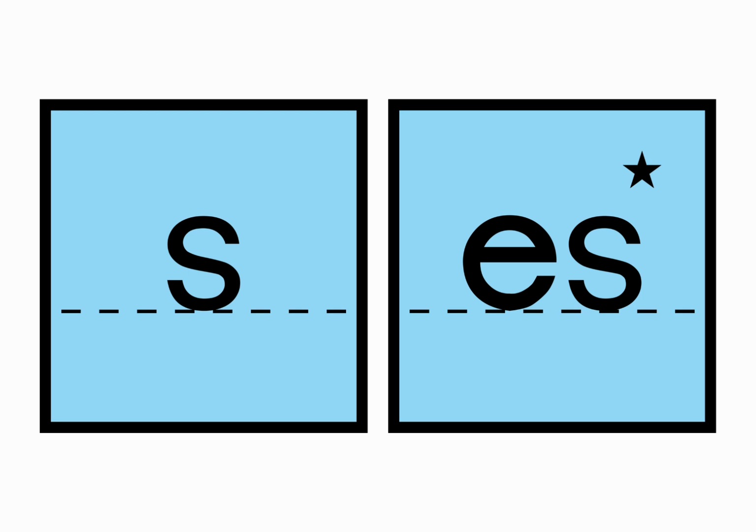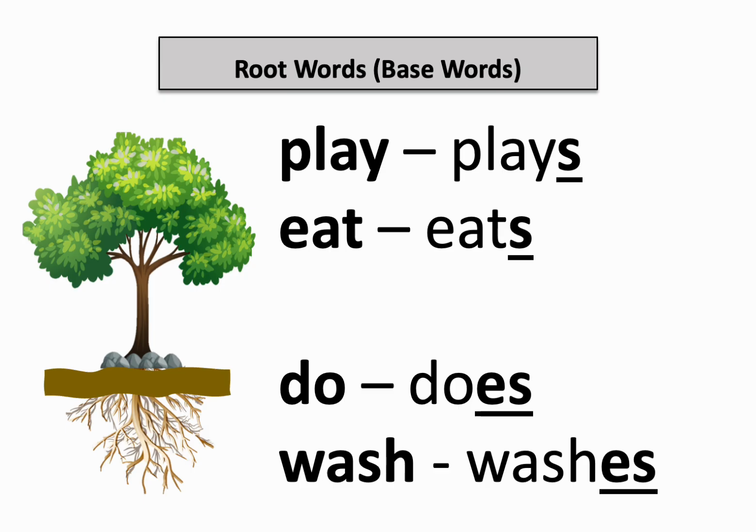Remember, for simple present tense, there are two options. Adding an S to a verb. The one is just the S, and the other option is ES. If we are dealing with spelling of words, it's always important to know what the base word or the root word is.